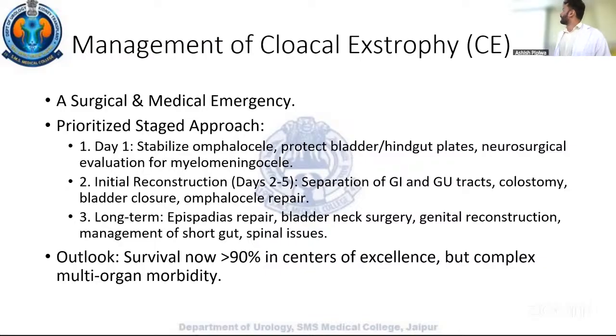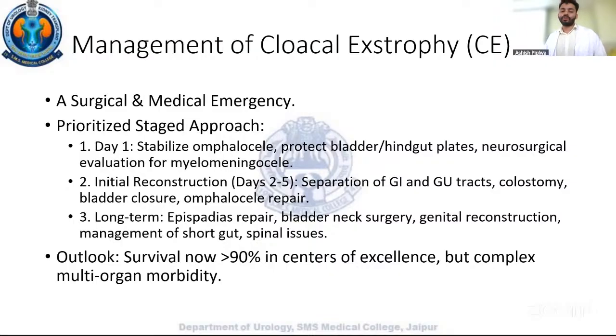So, management of cloacal exstrophy: it is usually a surgical and medical emergency because every organ is lying outside the body. So we do a staged approach. On day one, we stabilize the omphalocele and protect the bladder and hindgut plates. We do neurosurgical evaluation of the meningomyelocele, and in the initial days, day 2 to 5, we separate the gastrointestinal and urinary tract.